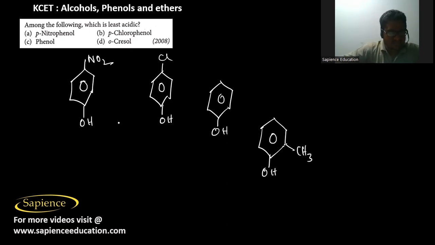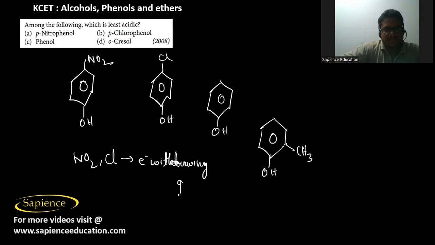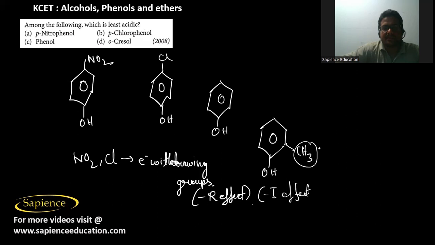Here NO2 and Cl are electron withdrawing groups, since they have minus R effect or minus M effect, and they also have the negative inductive effect, minus I. And this methyl group has the plus I effect, the positive inductive effect.